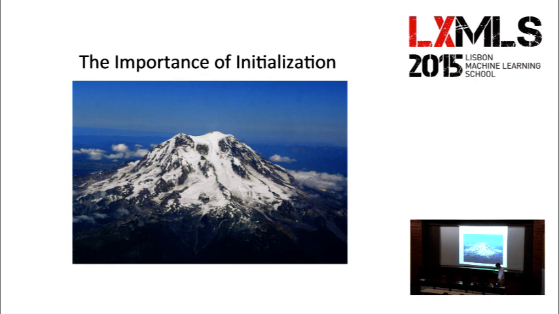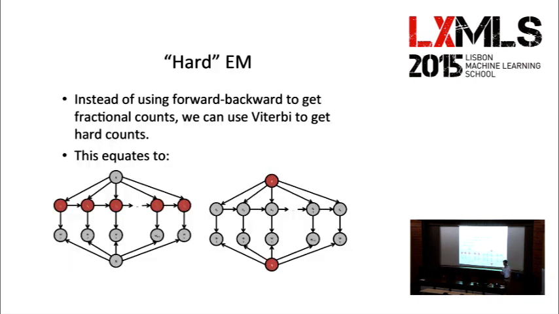Here is a variant of EM that's sometimes simpler. Instead of getting fractional counts here, you could just use Viterbi and get counts. Get a hard assignment of all the variables and then count it up and normalize. Label the data with your model, re-estimate your model. Label the data with your model, re-estimate your model. This is not going to maximize likelihood, but it's going to maximize something that's sort of related, and sometimes it works well.